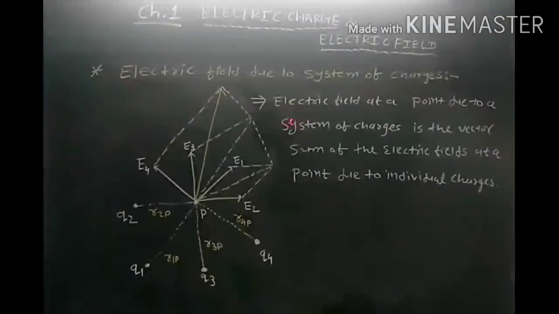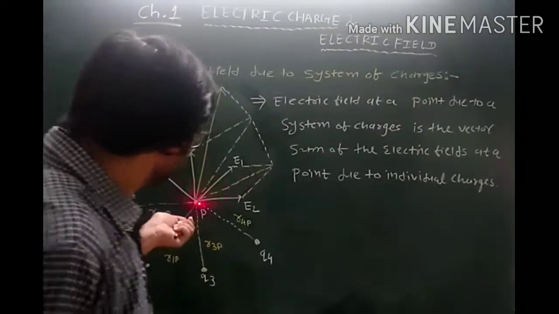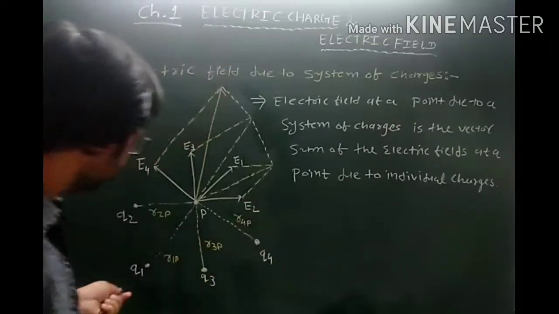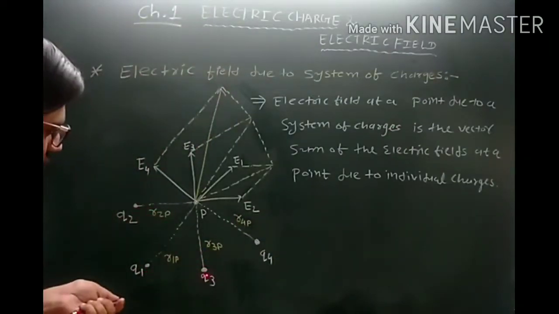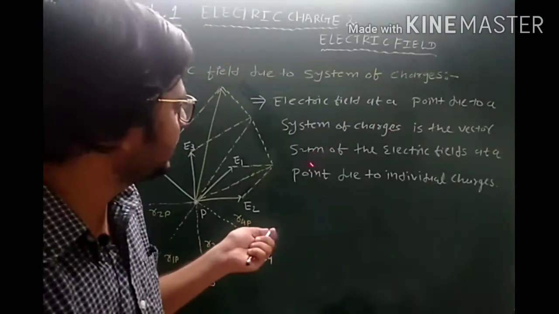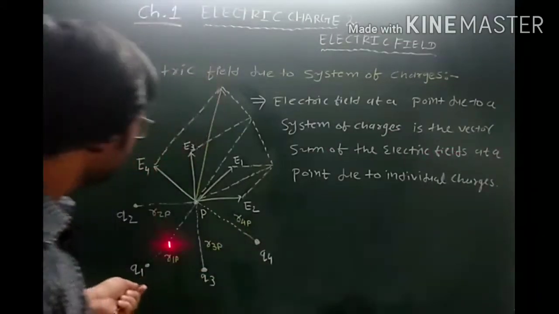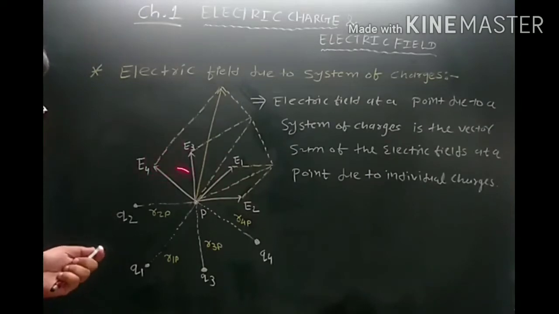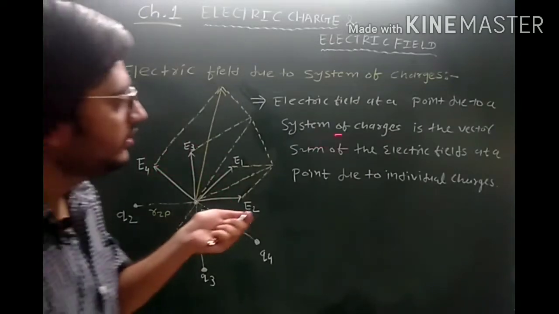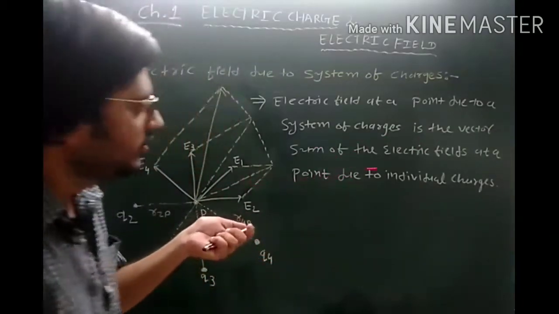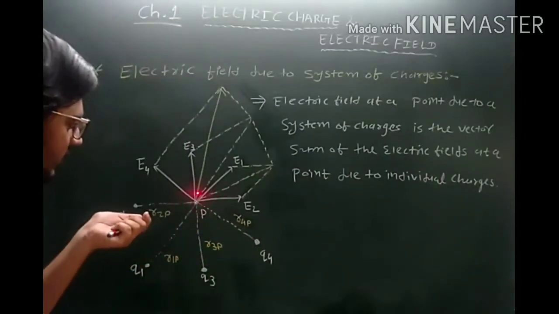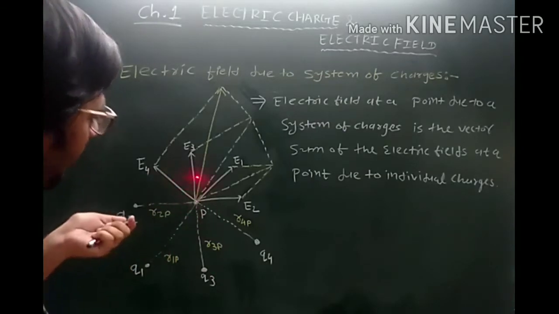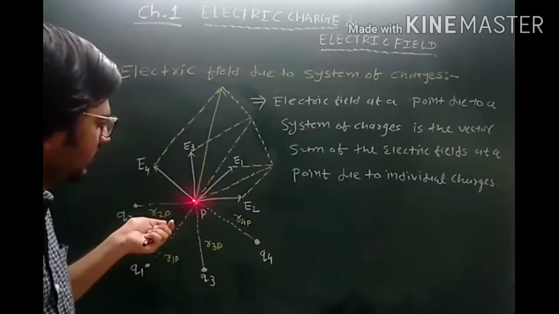Here we say that the electric field at a point P due to a system of charges Q1, Q2, Q3 and Q4 is the vector sum of the electric fields E1, E2, E3 and E4 at that point due to the individual charges.